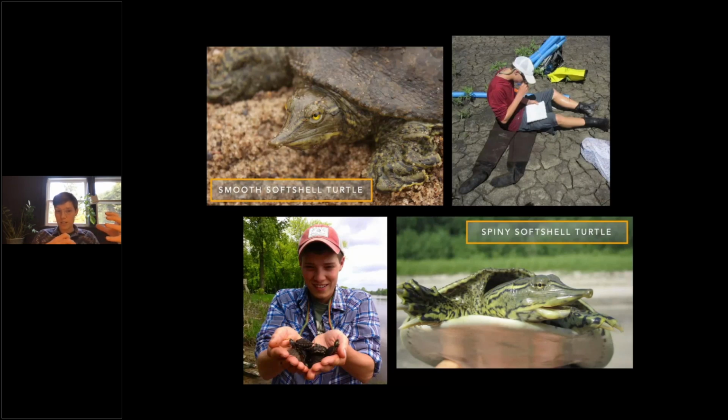What we found is that the smooth softshell turtle has significantly less genetic diversity than the spiny softshell turtle. That told us that in all likelihood, that species is not as healthy, because genetic diversity is an indicator of the health of a population, where low genetic diversity correlates with inbreeding, which can lead to vulnerabilities of that population.